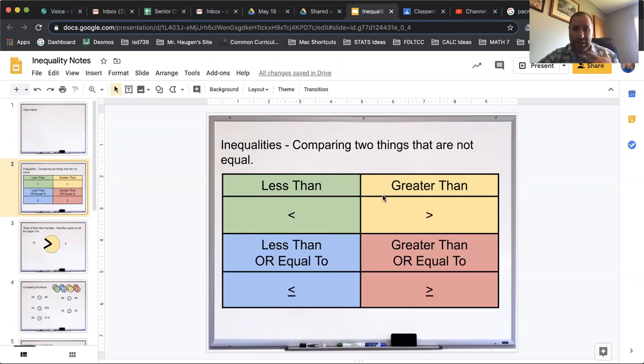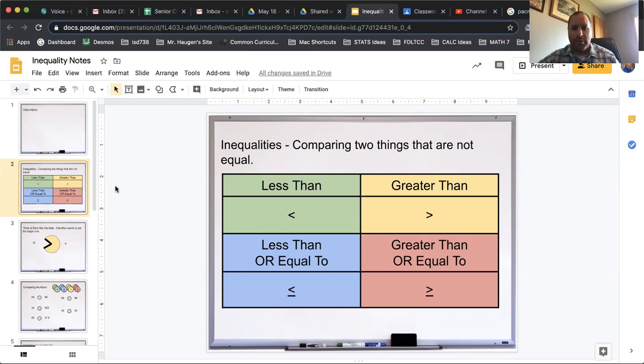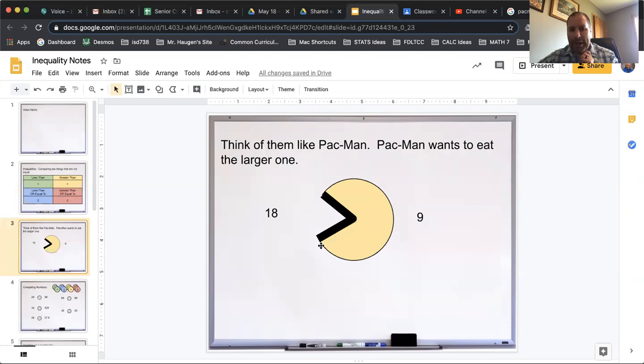So what I do to remember that, what a lot of people do, is think about the Pac-Man, or some people call it the alligator method. Notice here is the greater than symbol, but we imagine there's a big Pac-Man around here, and Pac-Man always wants to eat the larger number, right?